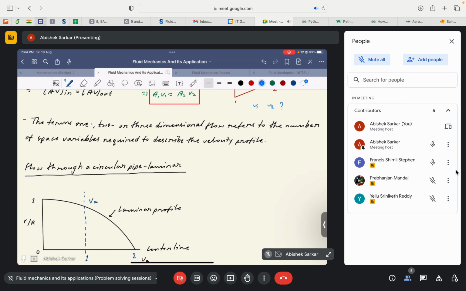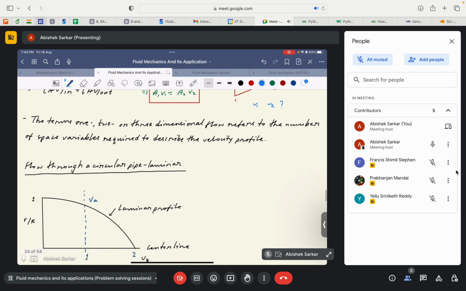Okay. Thank you for the question. But first of all, we must understand that if we are dealing in the domain of fluid mechanics, you are basically implying Pascal's law, P1 equal to P2.